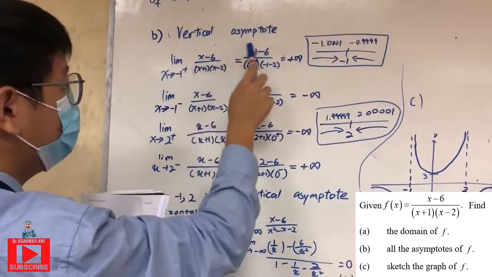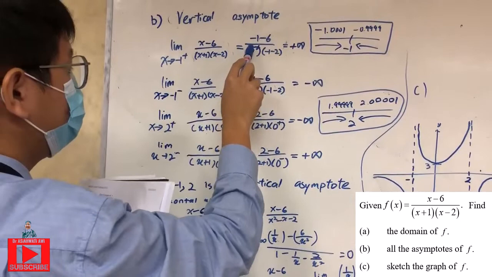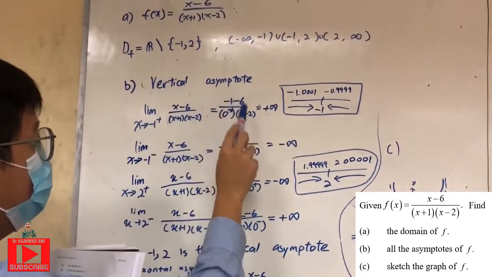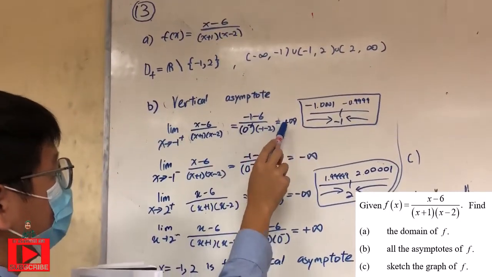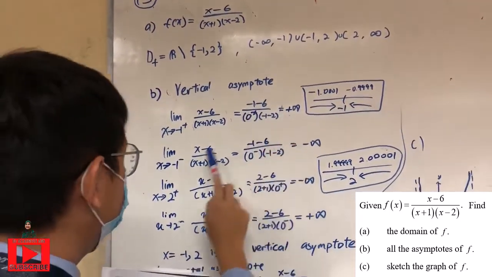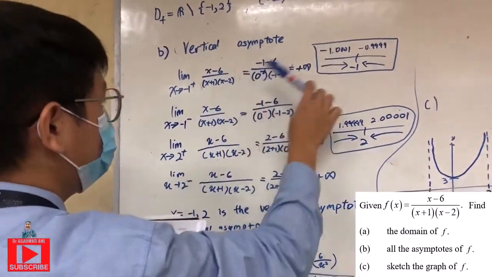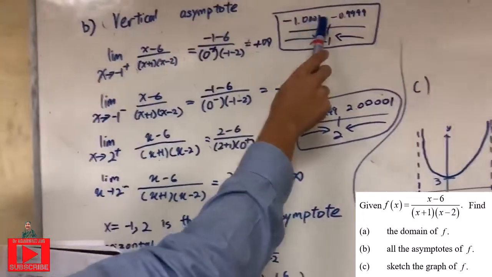So if we substitute into this equation, here we will get a positive 0, and for here negative and negative. So negative over negative is positive, so we get a positive infinity. And for the limit as x approaches -1 from the left side, we substitute -1.001.